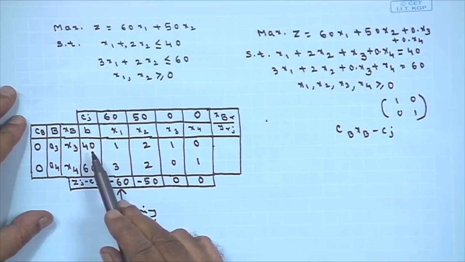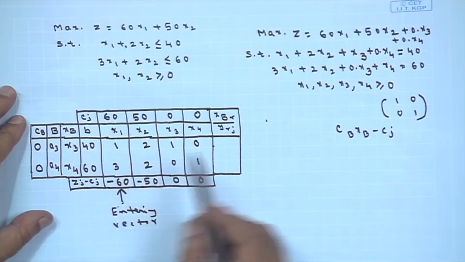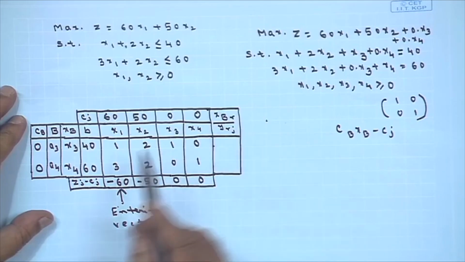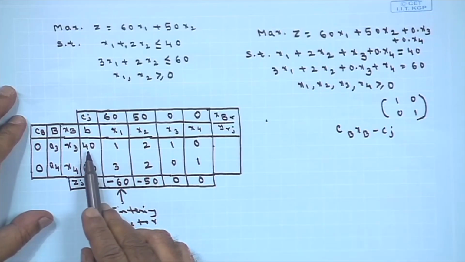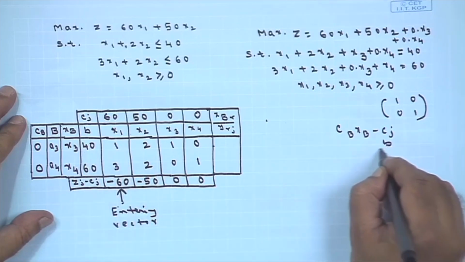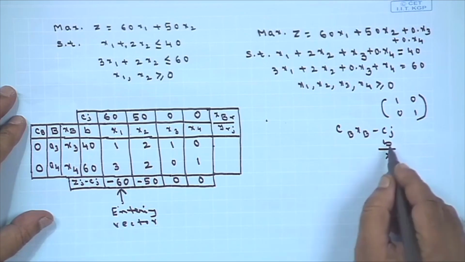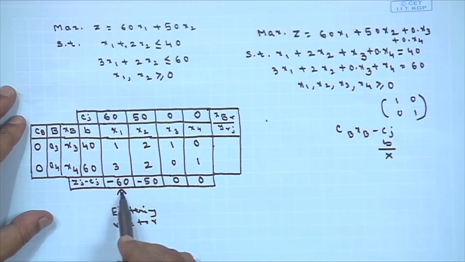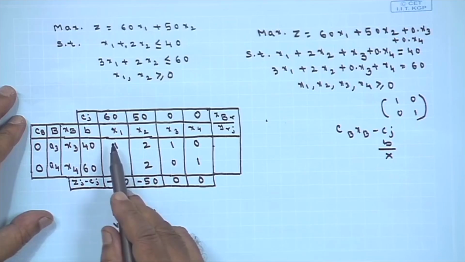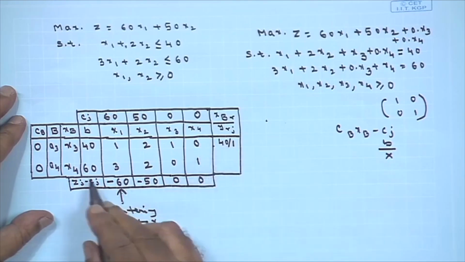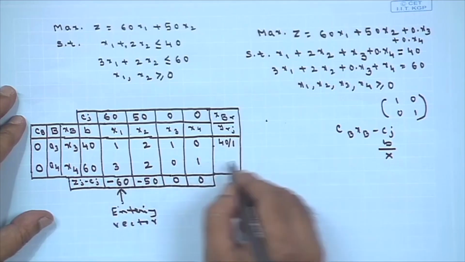Next, I have to calculate which variable will depart. For that I have to calculate the ratio. The ratio is b divided by x, nothing else. Whatever that alpha we have told, here it is b divided by x, for this entering variable. So, it will be 40 by 1, and in this case 60 by 3.